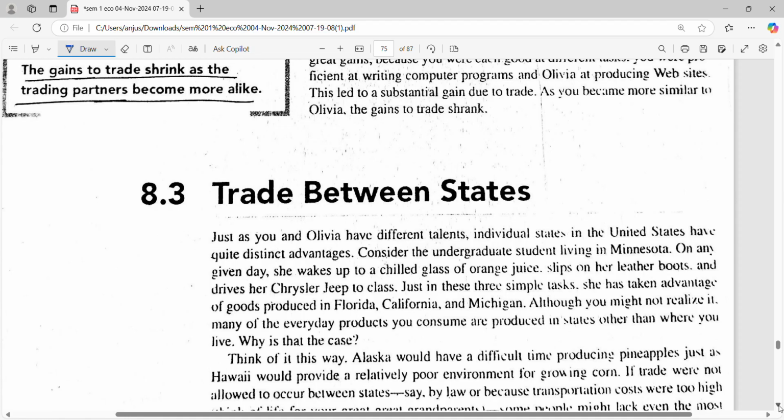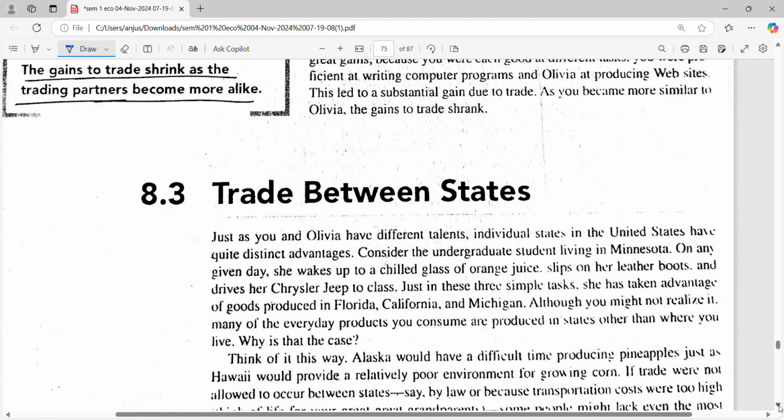So at that time, trading with Olivia was more beneficial, right? Because you have an advantage in computer programs, giving some of your computer programs would return you some websites from Olivia. So that was a gain.